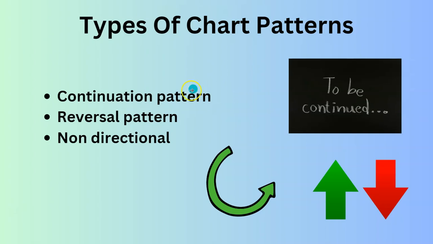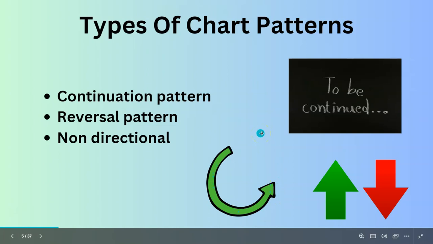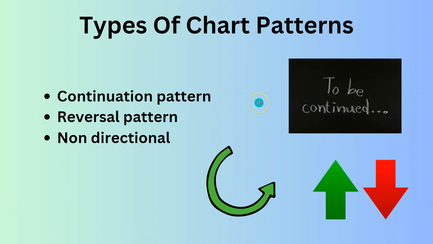There'll come a time when the stock will reverse. If it's going up, up, up, there'll come a time that it's going to reverse back down. Or if it has been selling off for a long time in a downtrend, there'll come a time that the stock will reverse back up.